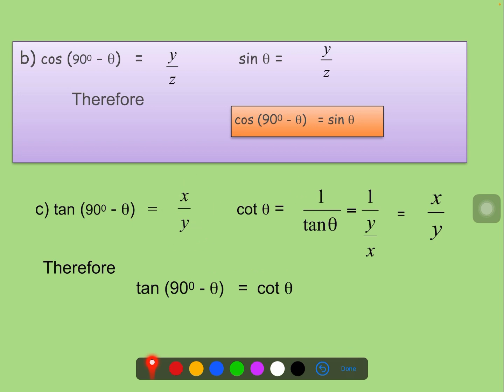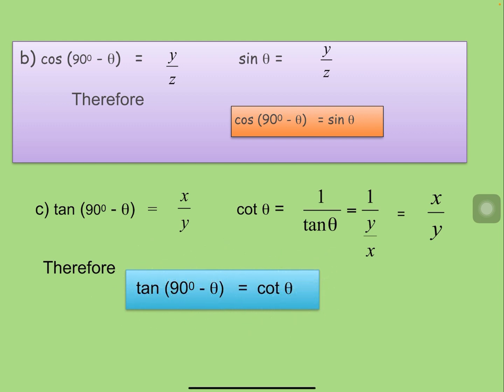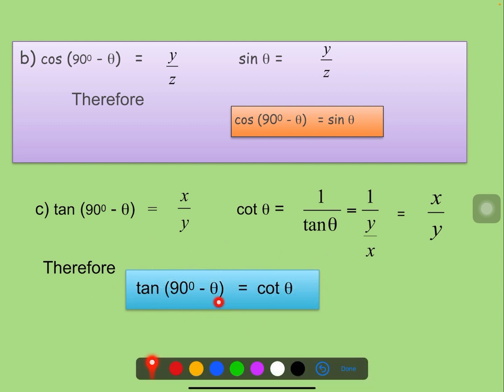While cot theta is 1 over tangent theta, 1 over y over x, which equals x over y. We have the same value as x over y. Therefore, tangent 90 degrees minus theta is cot theta.